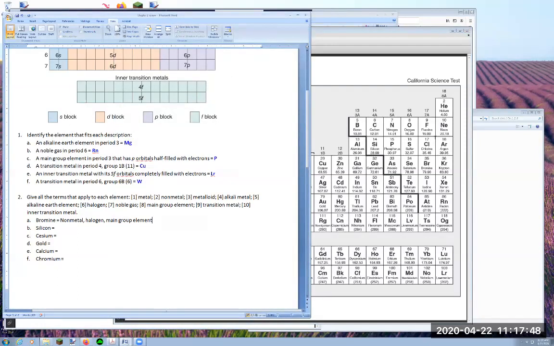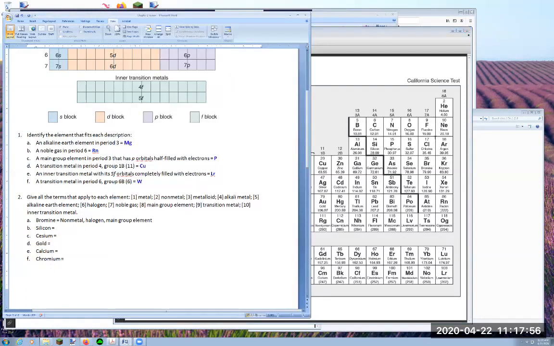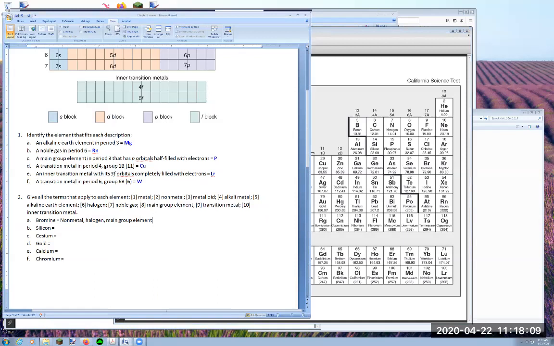So transition metal, no, because those transition metals are the B groups, so it's not a B group. And inner transition metal, no, because these are the two rows at the bottom here, the two periods that are taken out of the periodic table. So that's it for bromine. It is all of that at the same time.